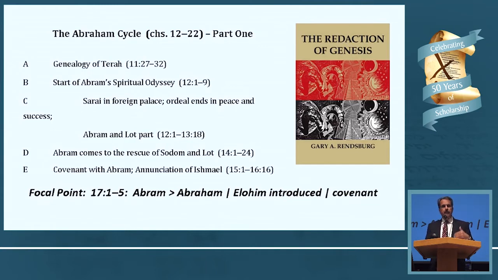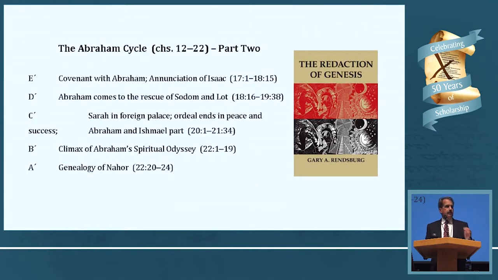It's mentioned. The real covenantal agreement between God and Abraham is actually in chapter 17. And so that, to me, is the focal point. Name change, introduction of another name for God, Elohim, and the introduction of the covenant in much larger terms in chapter 17. So that's how the Abraham cycle unfolds in a chiastic structure.